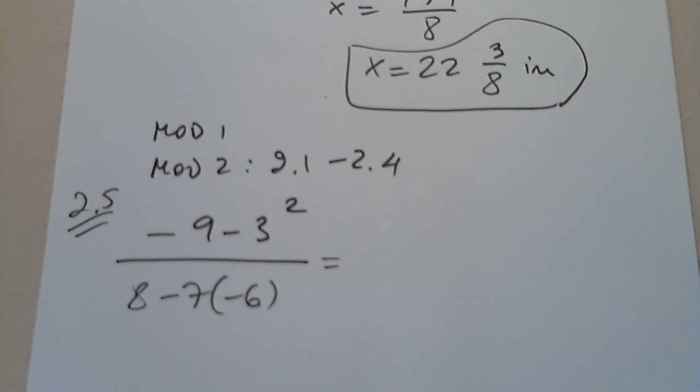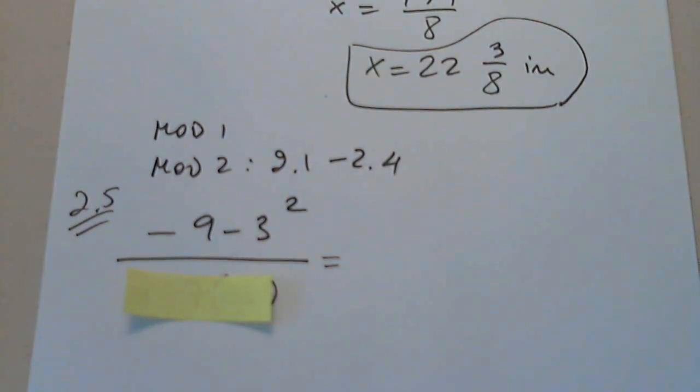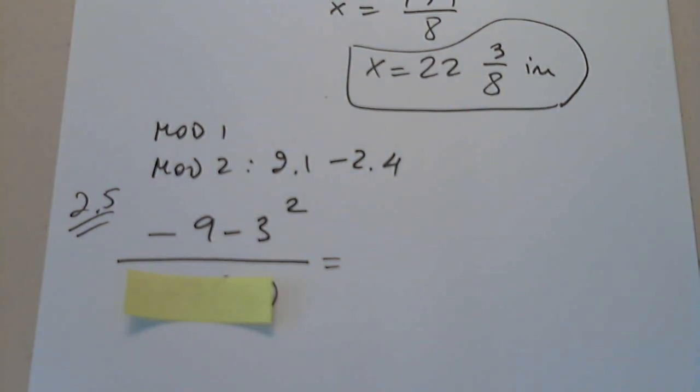Anyone would like to start? Anyone for the numerator? Anyone would like to tell us what to do in the numerator? What is the first operation? Take care of the exponents. Yes.